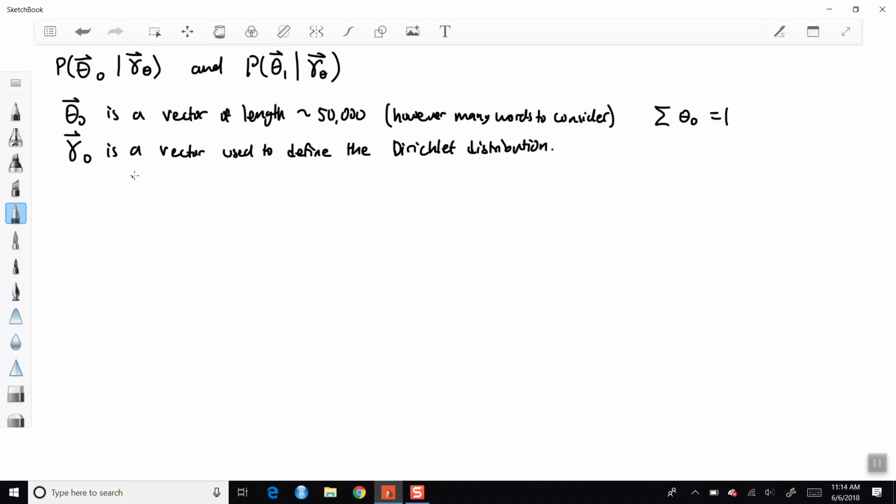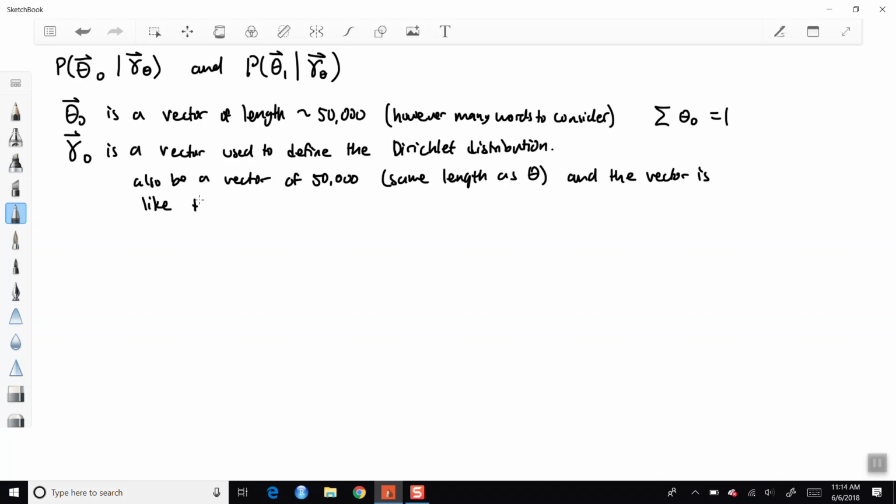If there's 50,000 words, this will also be a vector of the same length as theta, a vector of 50,000, and the vector will represent the quote-unquote counts of each word.